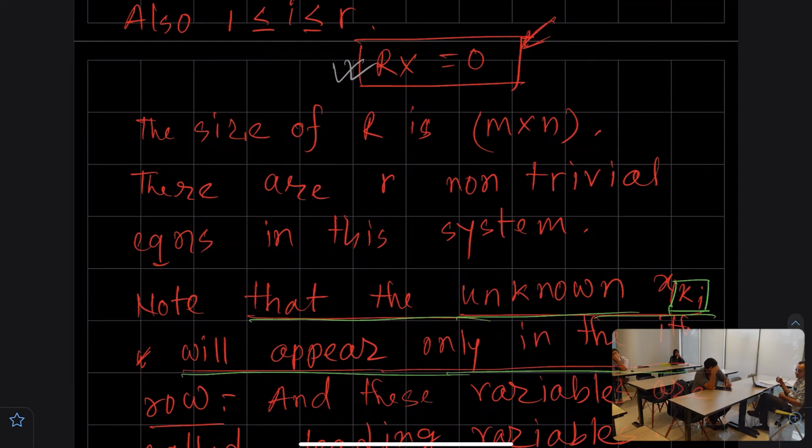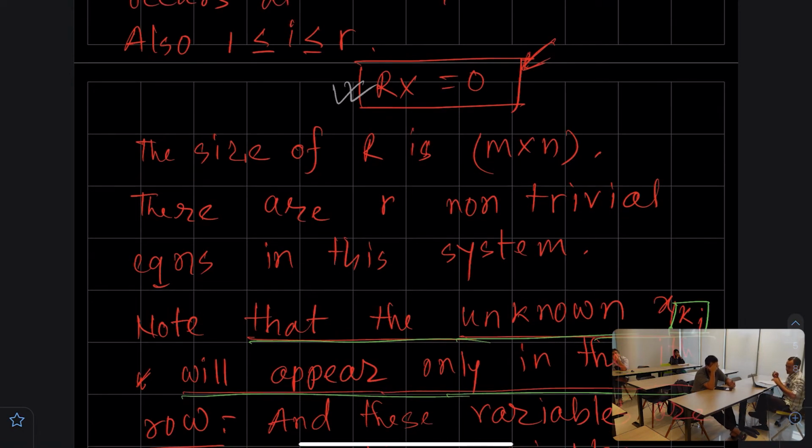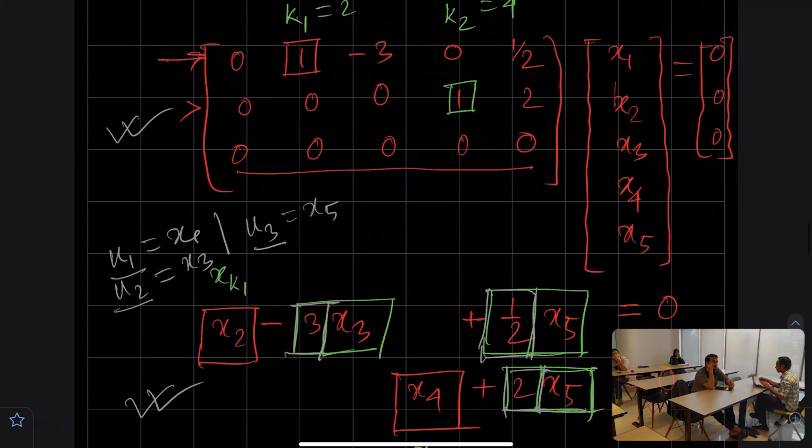But if we choose only one variable as 0 and calculate the other variables, is that also called the trivial solution? No. Just consider x1, x2, x3, x4, x5.